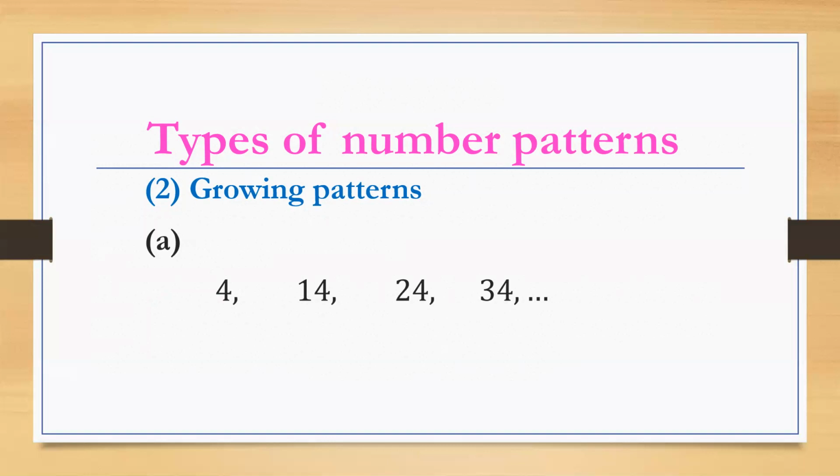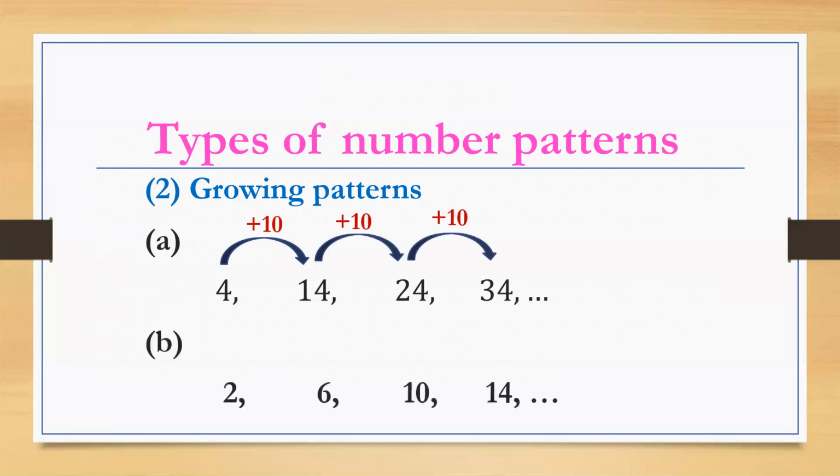How do we get the next term? Yes, you can see that we are adding 10 to get the next term. Part B, 2, 6, 10, 14. So here also the numbers are increasing. And what are we doing to get the next term? We are adding 4.